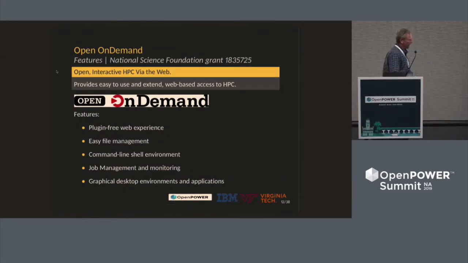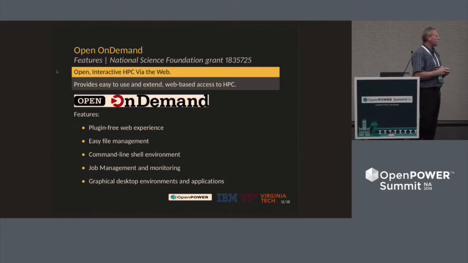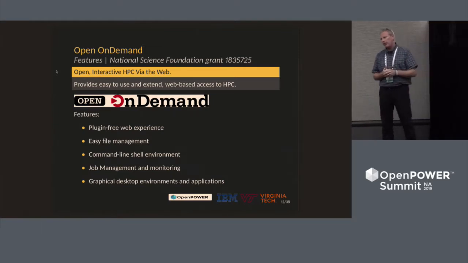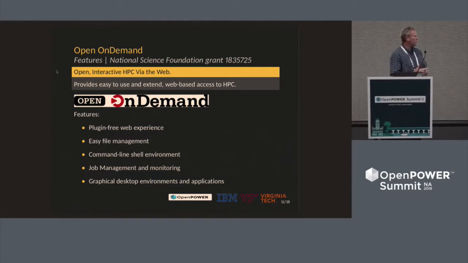So this is where Open OnDemand comes in. Open OnDemand is really a system for accessing HPC through a web-based GUI. So what's cool is we're exposing our systems through tools that people already know. So it's a plug-in-free web experience, meaning that you just open a web browser and it works.